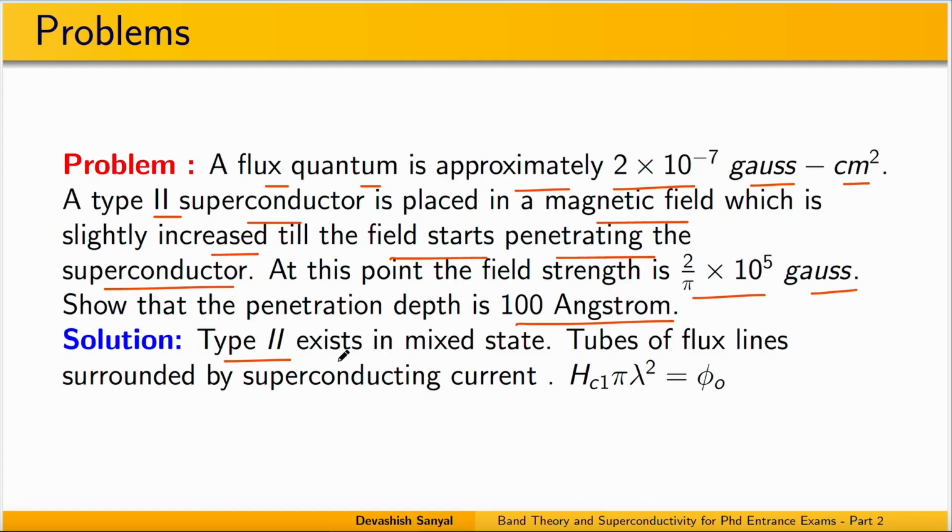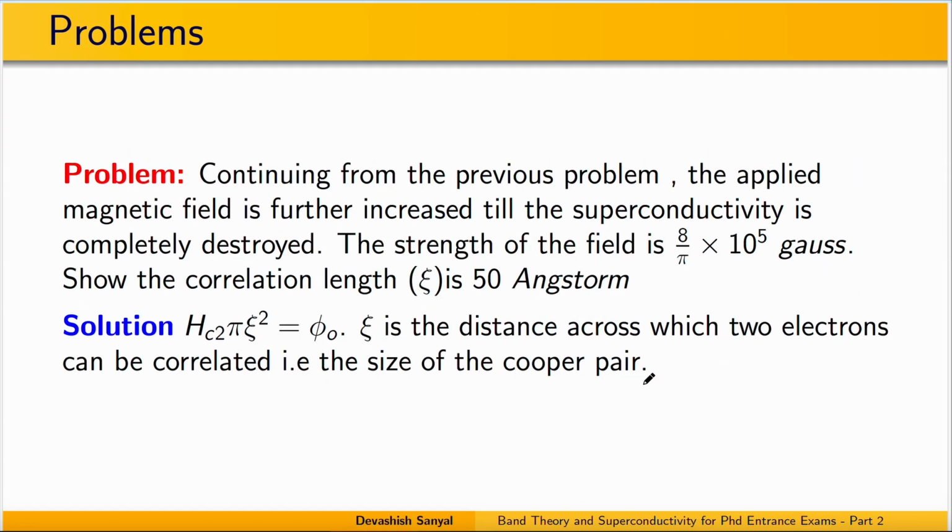We know that a type 2 exists in a mixed state, so tubes of flux lines surrounded by superconducting current. That means the flux is Hc1 into pi lambda square.